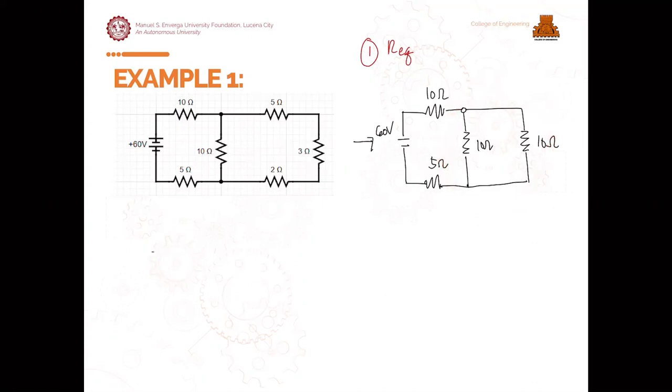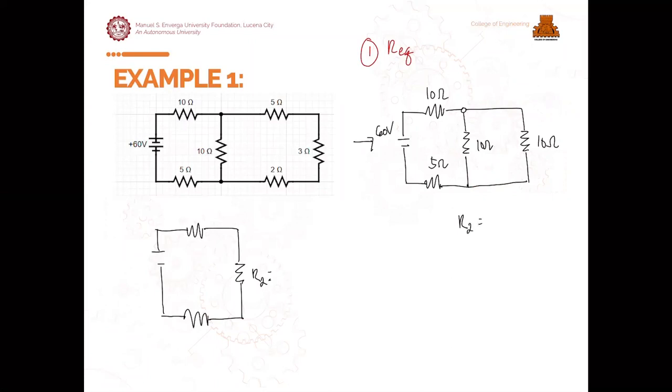Okay? So, yung magiging figure natin ngayon will be ganyan. Okay. So, anong magiging value nito? Yung value nito will be taken from this one. Then, kung ang parallel niyan, tawagin natin, R2 na lang.